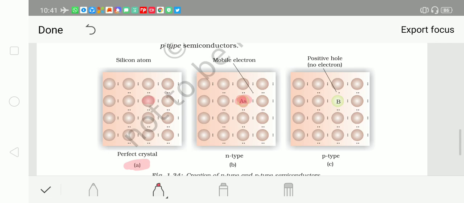So what is the difference between this 15 group element and the 14 group element? A 15 group element has 5 electrons in the valence shell, and 14 group has 4 electrons in the outermost shell. So out of 5, 4 electrons get attached with the nearby silicon atoms, and one electron becomes free.